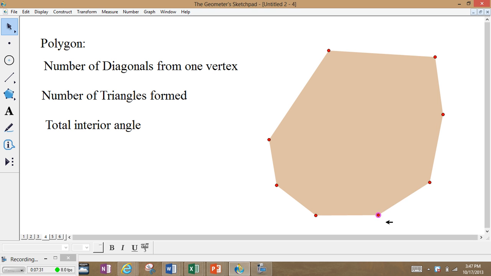So here's my octagon. It has 8 sides, 8 angles: A, B, C, D, E.